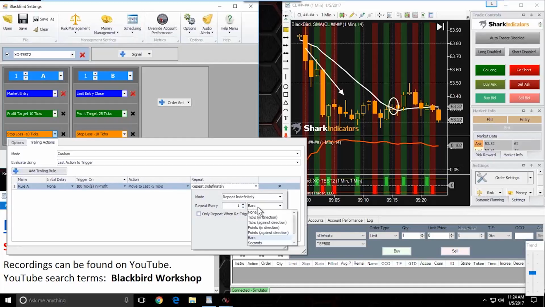Now, of course, if we decide to go with ticks or points in profit, and we're setting one tick, then again, this rule is going to evaluate on a tick by tick basis because we have it set to repeat every one tick. So for every one tick in direction, that's going to try to evaluate this rule here.